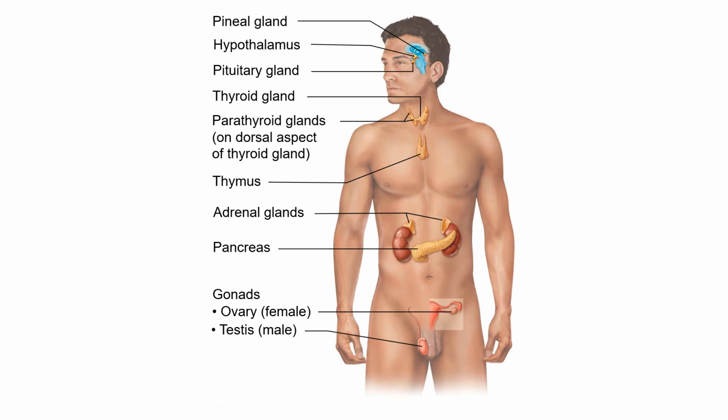Okay. We have the hypothalamus. The hypothalamus is a vital control center that produces many hormones that are going to regulate the production or inhibition of hormones that are created in the pituitary gland. Then we have the pituitary gland, which is located on the anterior aspect of the hypothalamus.